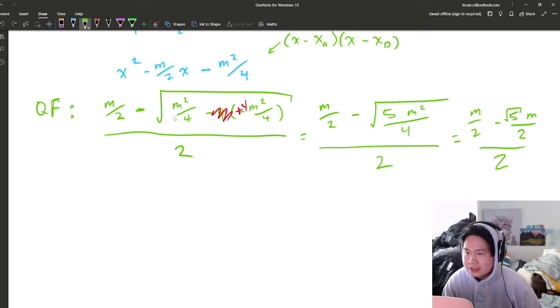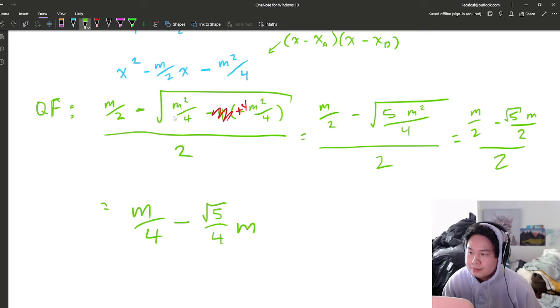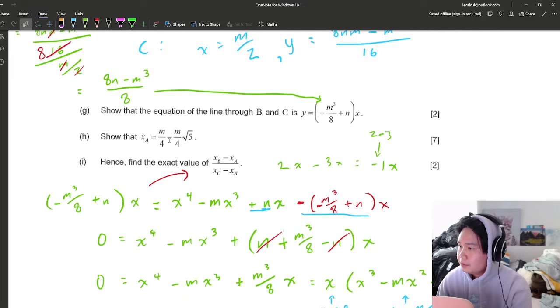Okay, and then we're basically done, right? And then this is essentially the same as m over 4. We divide each thing by 2. Root 5 over 4m. So that's xa.